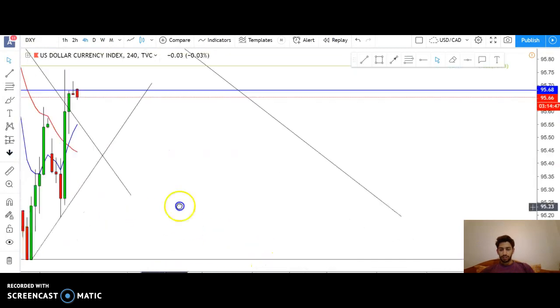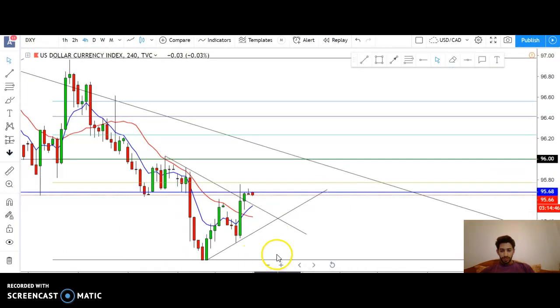I'll enlarge it just so you can. So it's obviously filling that gap, making higher highs, so that one's higher than that one, and a higher low there, and that's the bottom. So this is a new trend going upwards.